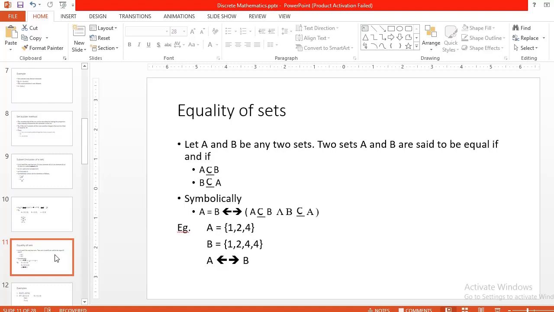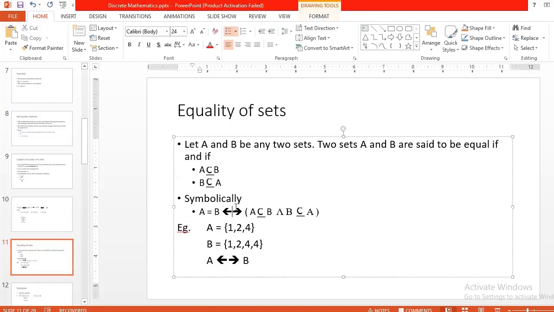Symbolically, A = B is equivalent to A ⊂ B and B ⊂ A, where this is the symbol for 'and'.